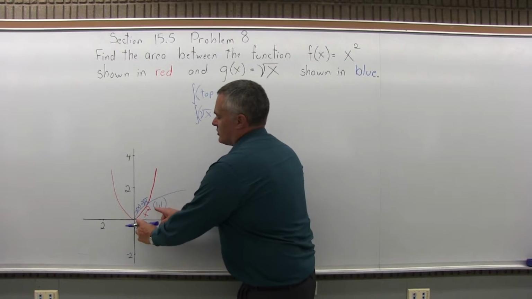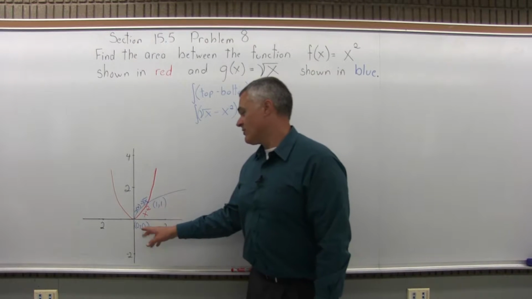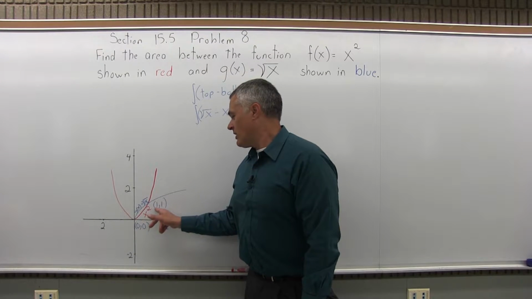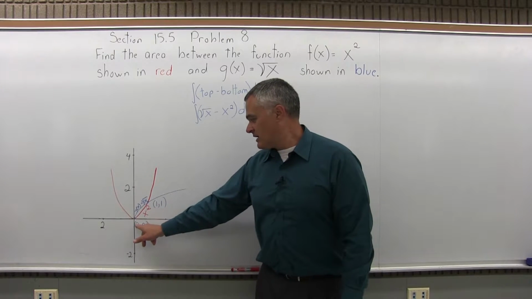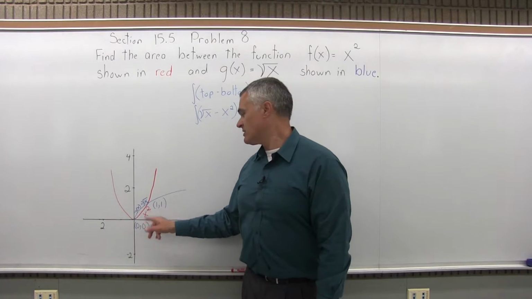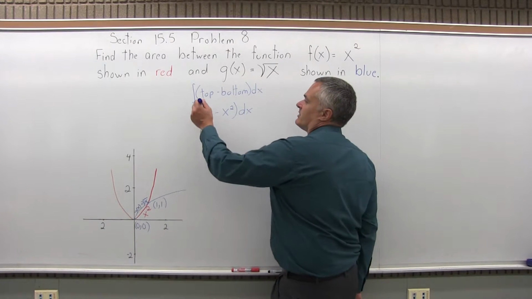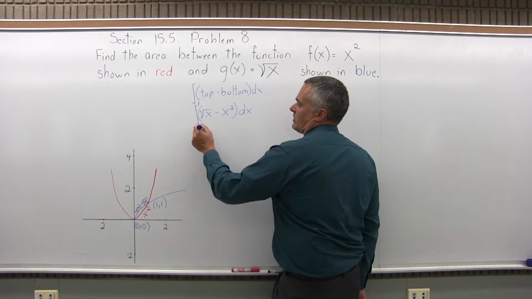And it's only the x coordinates that are important. In this case, coincidentally, the x's and y's are the same for both points. But one limit of integration is the x coordinate being 1, and the other limit of integration is the x coordinate being 0. The larger of the two values, the 1, will be the upper limit of integration. The smaller of the two values, the 0, is the lower limit of integration.